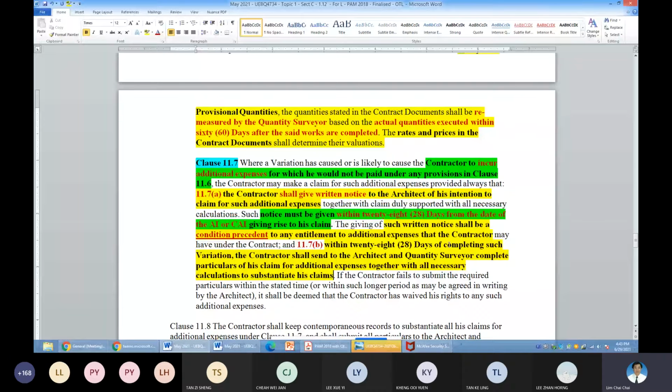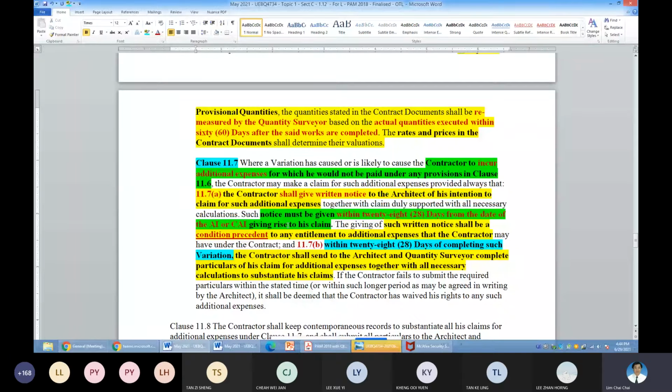So be careful, the completing the work can be months or even years away from the AI. Please be careful. The AI can be given today, and this work to be carried out maybe 6 months or even 9 months or 3 months down the line.